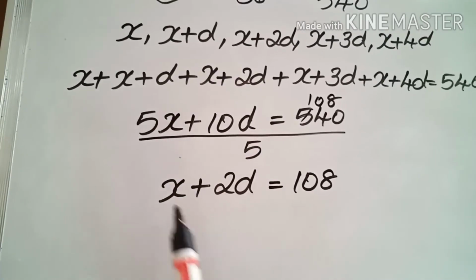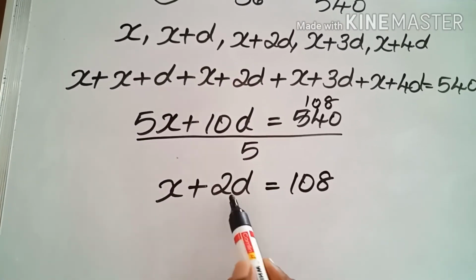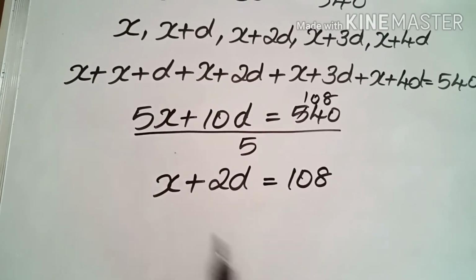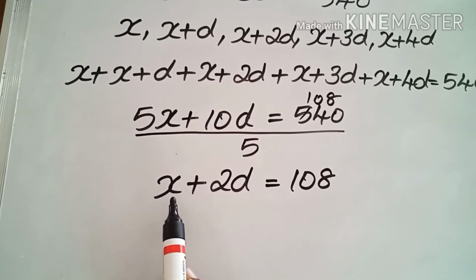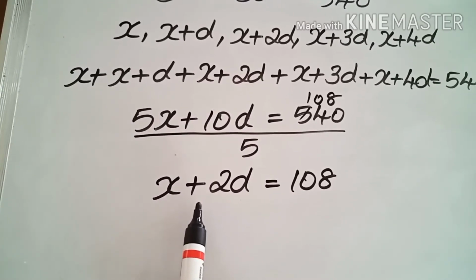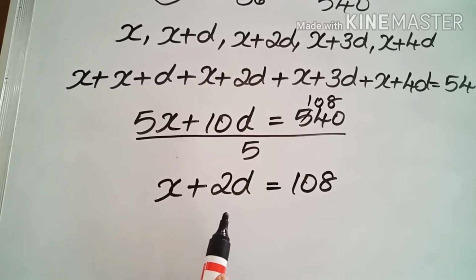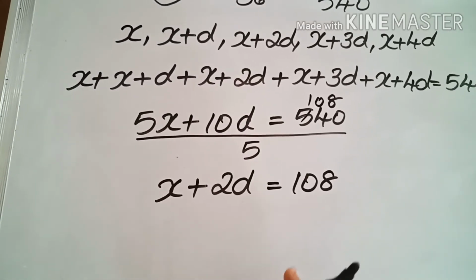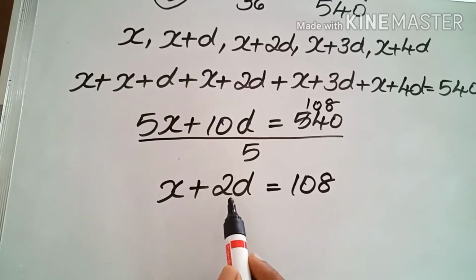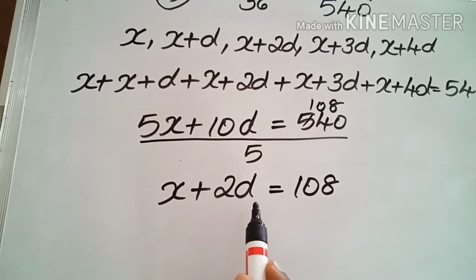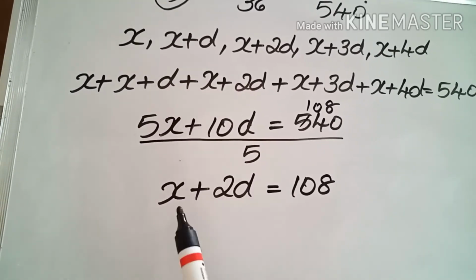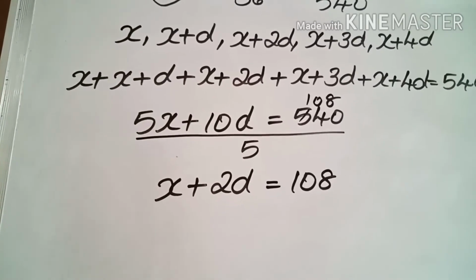Now we don't know the smallest angle, and we also don't know the common difference. We need to prove the smallest angle is greater than 36 degrees. We don't know the exact value, but let's start with 36 degrees and check what will happen if we take the smallest angle as 36.